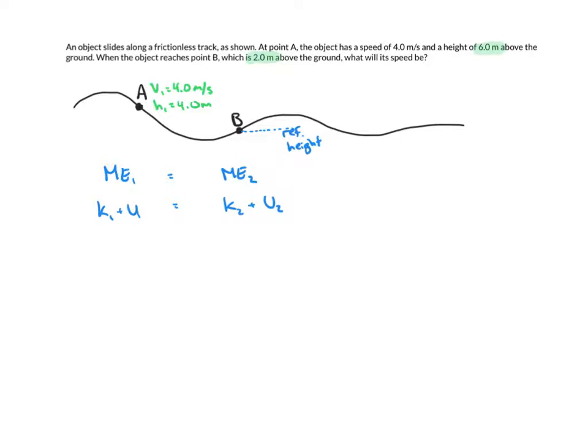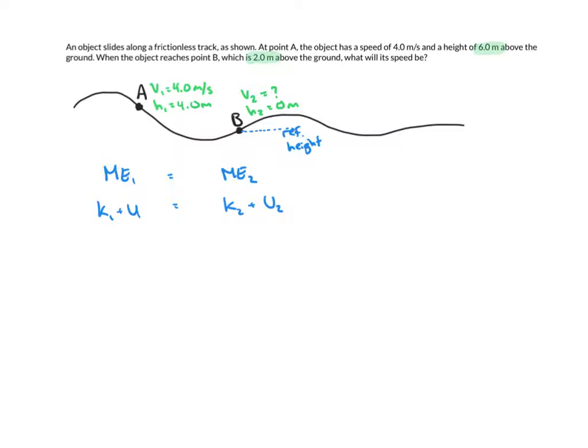In terms of point B, we need to find the speed of the object at point B. So V2 is a question mark. And the height at point B is 0 meters, because that's where I set the reference height to be. That's why I did that, so that I can have a 0 in my list.